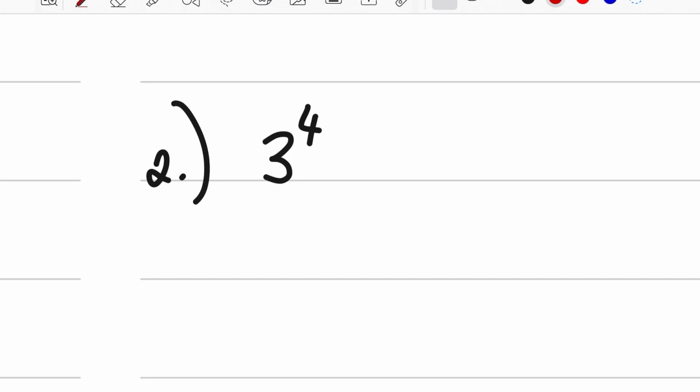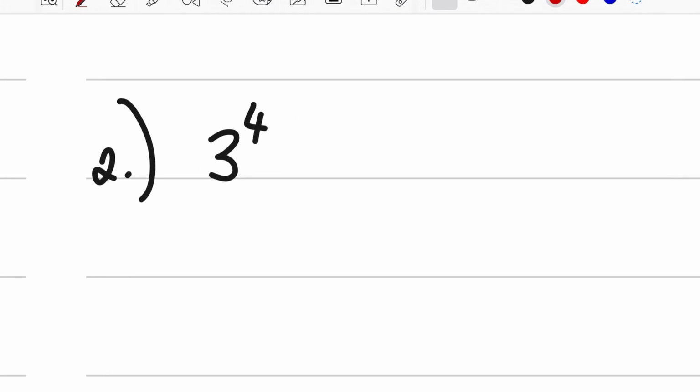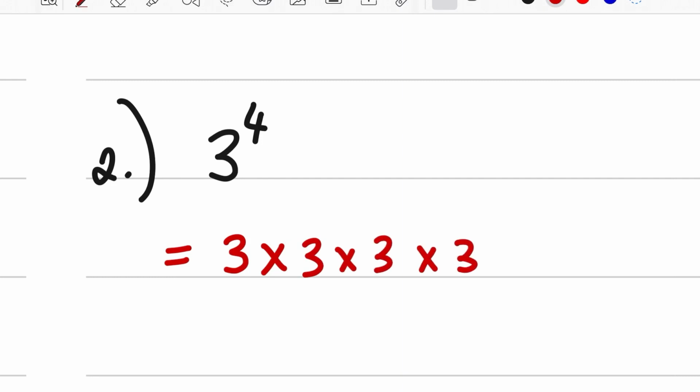For question 2, we have 3 to the power 4. Now this was an example, but I would just like to show it to you written out vertically. So this is 3 multiplied by 3, multiplied by 3, multiplied by 3. Now I'm going to show each step, multiplying from left to right. 3 multiplied by 3 is 9.